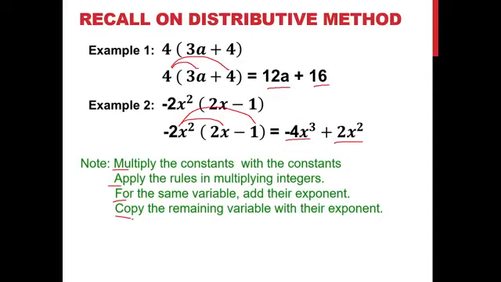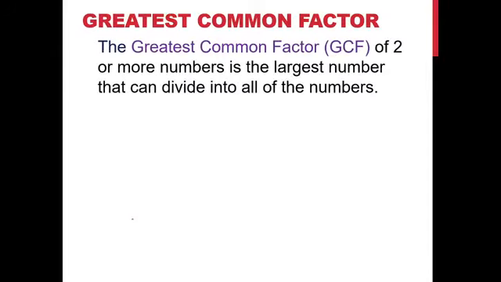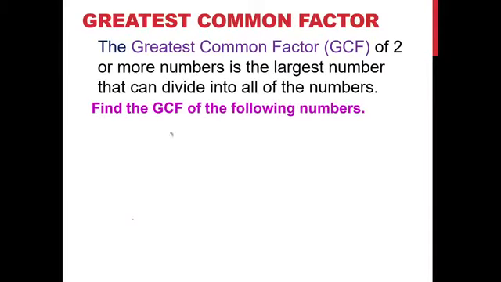Let's go to the greatest common factor now, the GCF. So take note, the GCF of two numbers or more than two numbers is the largest number that can divide all the numbers. Example, what is the GCF between 16 and 28?